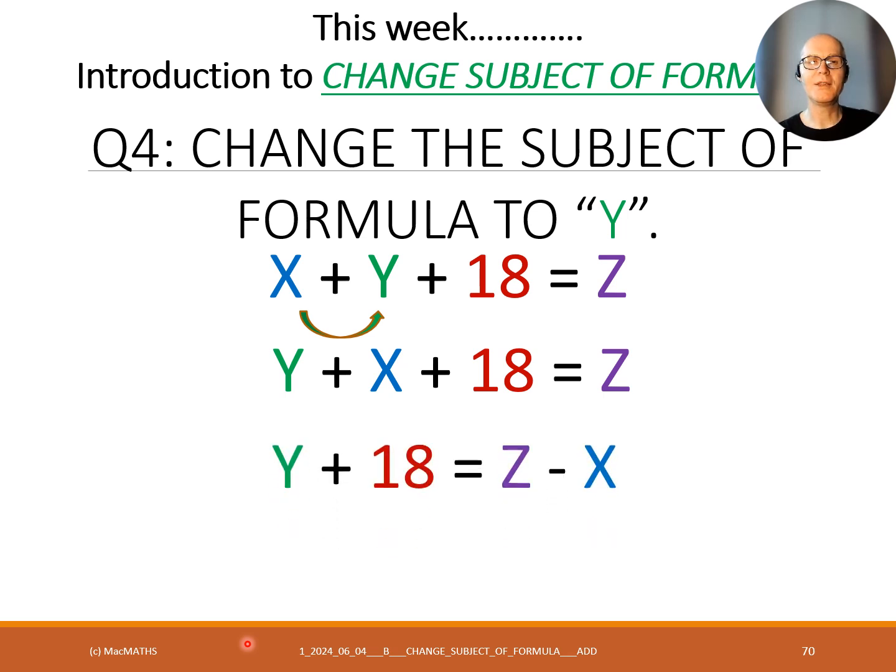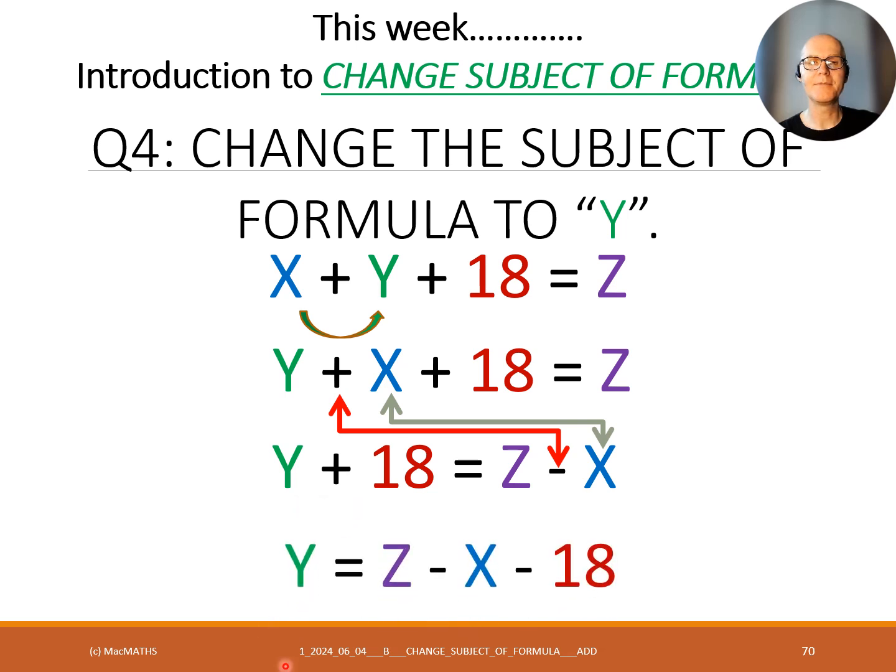We're going to move the x from one side of the formula to the other side. We're going to change from adding x to subtracting x. But now we still have adding 18 alongside the y, so we need to move the adding 18. Same rule applies whether it's variables or numbers. Instead of adding 18 on the left hand side, we must subtract 18 on the right hand side.